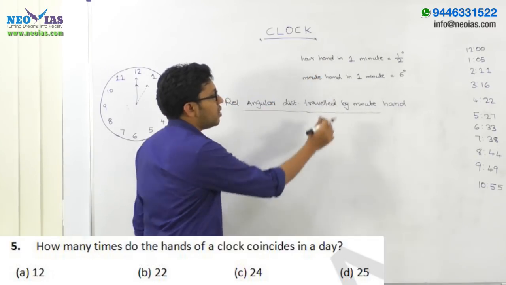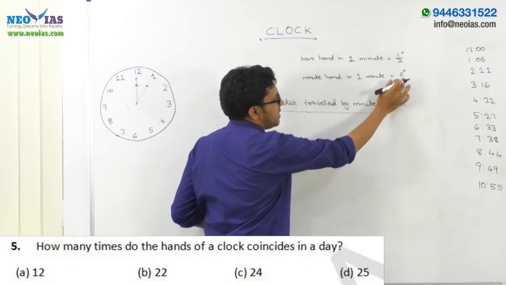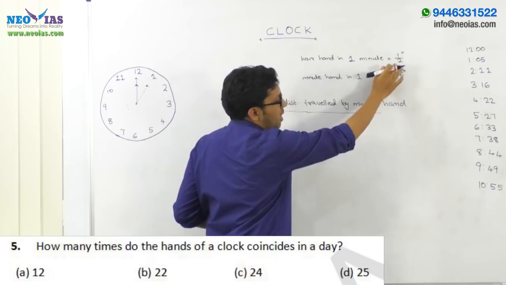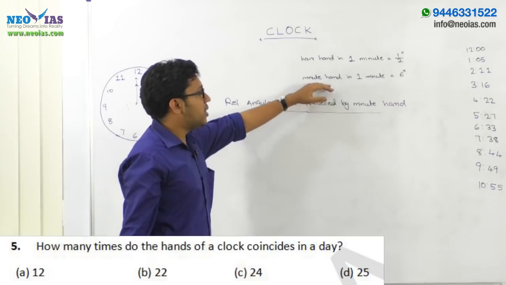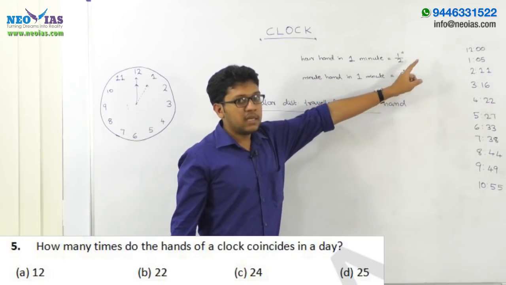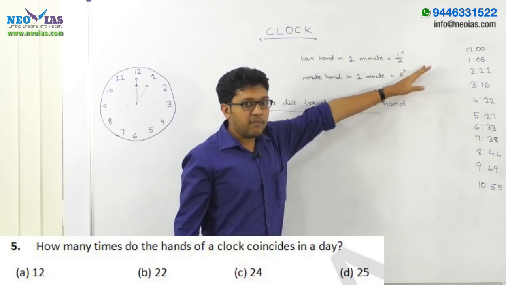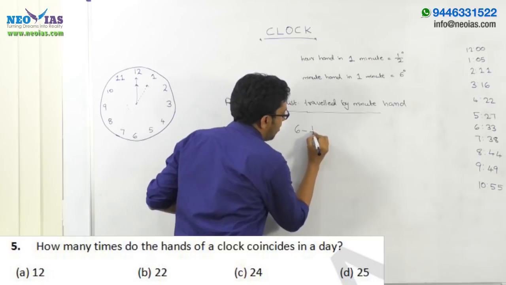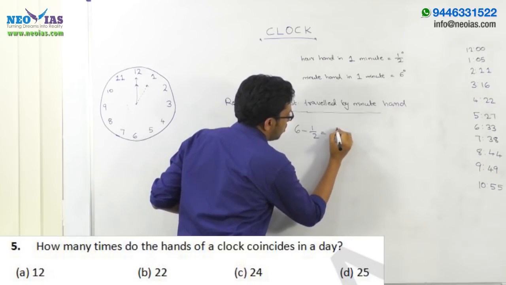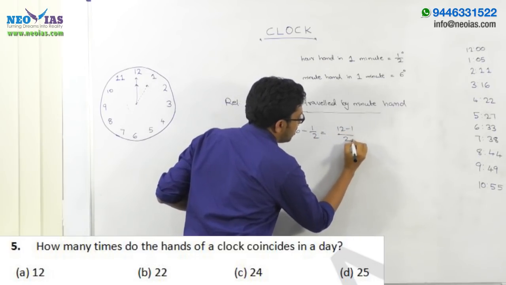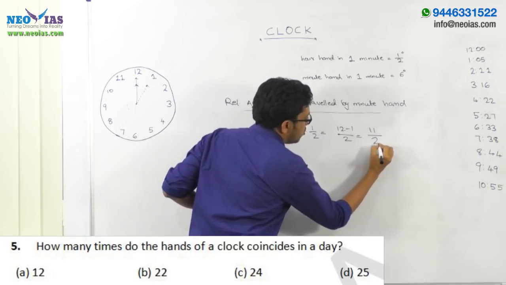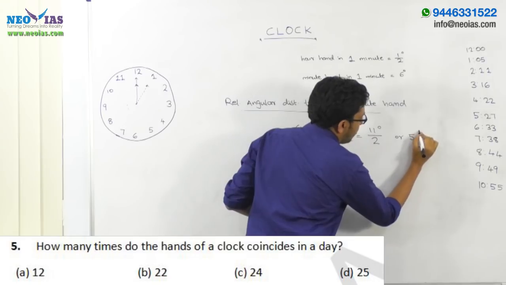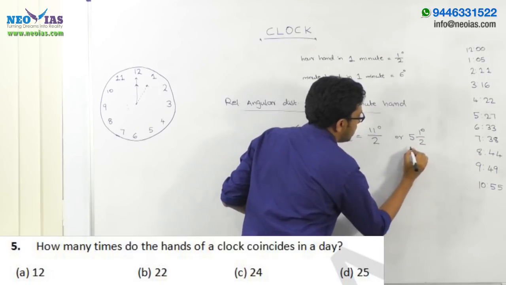In 1 minute the minute hand is travelling 6 degrees, and at the same time the hour hand is travelling only half degrees. That is, the minute hand travels 5.5 degrees extra compared to the hour hand. That is 6 minus half, which is 12 minus 1 by 2, equal to 11 by 2 degrees or 5.5 degrees.